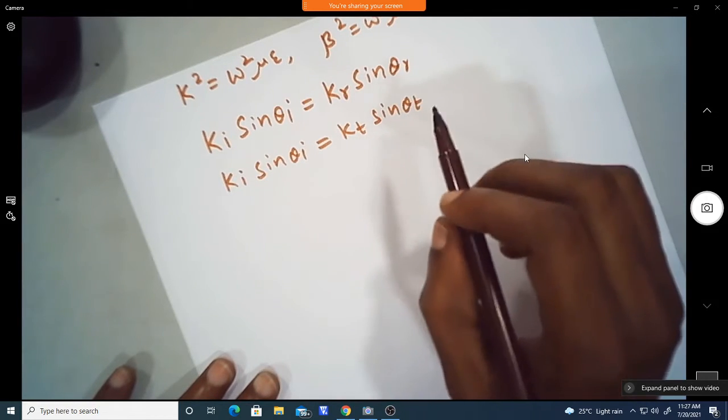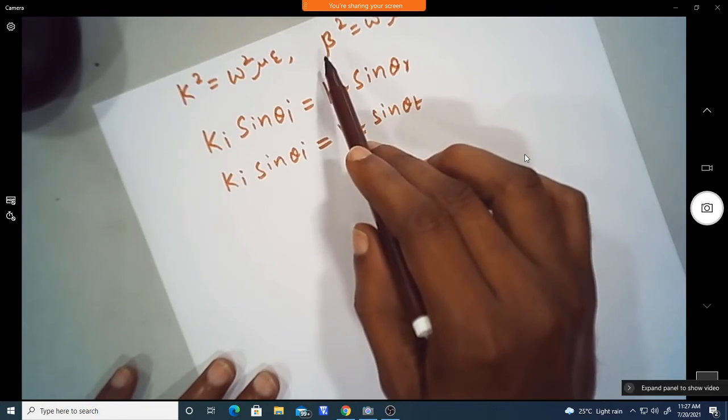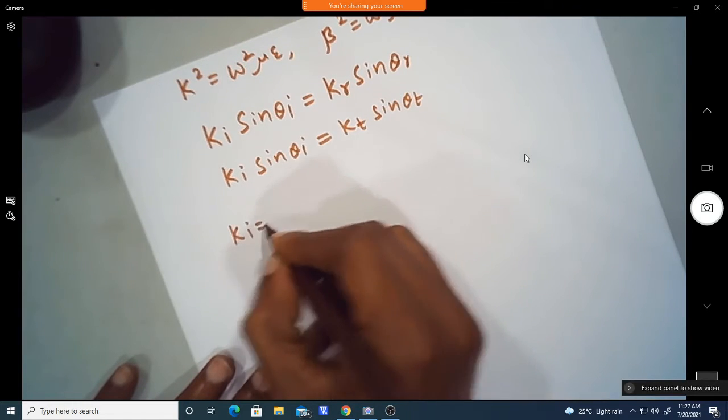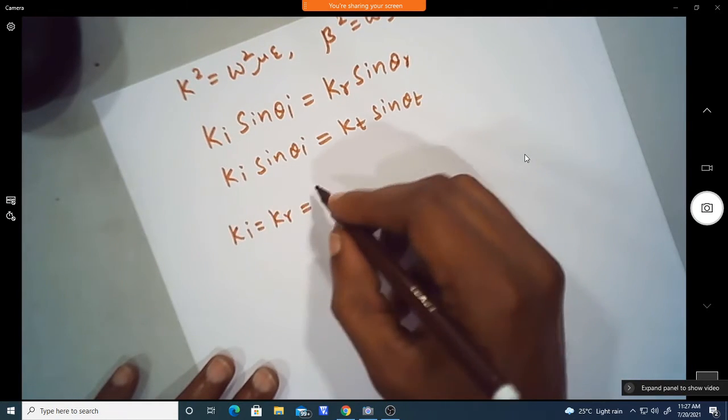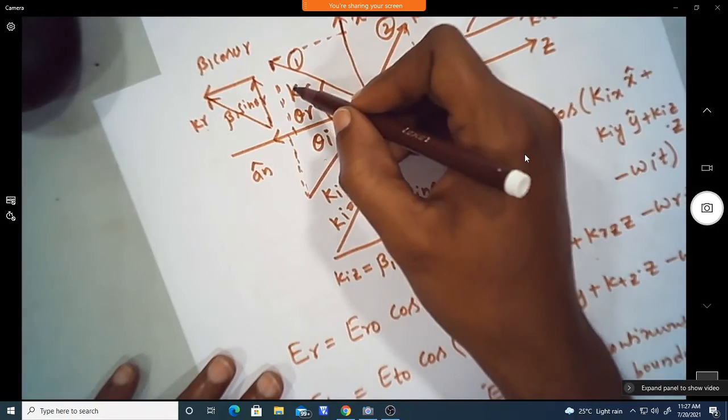Since, as I said, it is a lossless medium, k will be equal to beta. And we can get ki equal to kr, which is nothing but beta 1, since ki and kr are in medium 1.